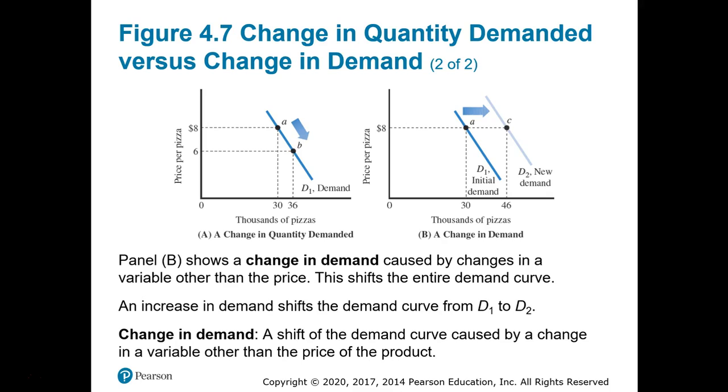So a change in demand, which is a shift of the demand curve, is caused by a change other than the original price. Price is not the factor anymore when we shift demand. Price is only a factor when we're moving along that demand curve, but not when we shift. Make sure that is in your notes and you're clearly separating the two.